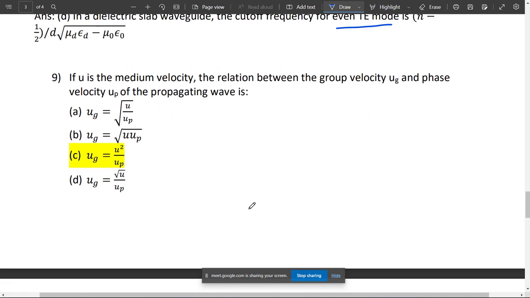Okay, so medium velocity is mu, right? Medium velocity is mu. The relation between group velocity and phase velocity is given by group velocity can be written as medium velocity square divided by phase velocity. One second, I will write it.